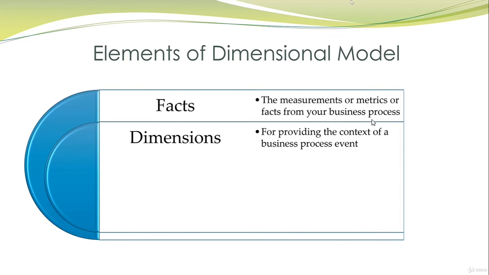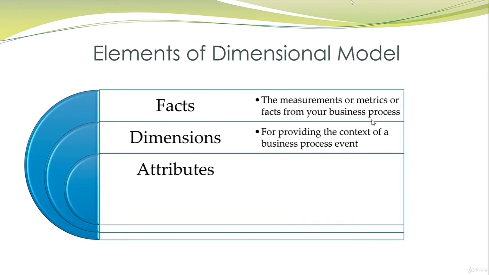They are descriptors that define the facts. If the sales amount is the fact, then some dimensions could be the products that were sold, the customers who bought them, the store where the transaction happened, and maybe others. The attributes of a dimension provide you the ability to describe data even more thoroughly.